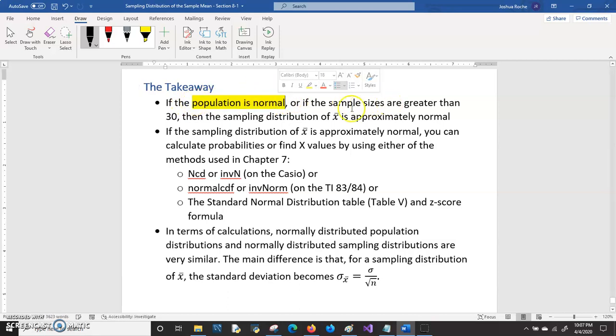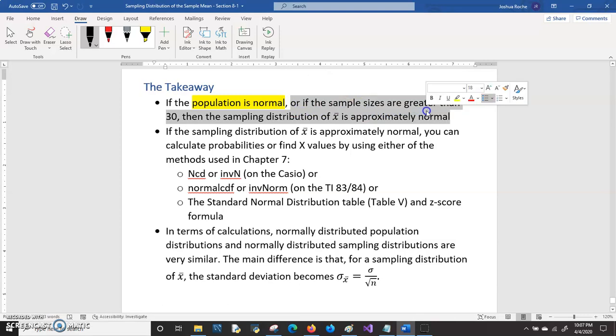If either one of those is true, then the distribution of the sample mean is also normal. Another takeaway is that if this sampling distribution is normal, you'll use the same methods as we did in Chapter 7. I've mentioned that before, and you probably have noticed that we've really been using all of the same methods.